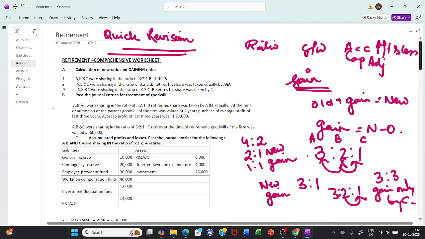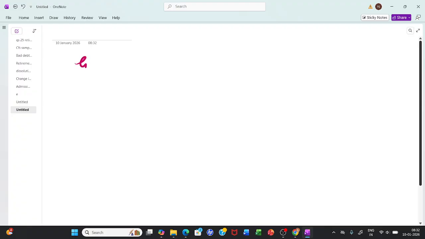Now, what is the treatment of goodwill? How do we treat goodwill in the case of retirement of a partner? The treatment for goodwill is very simple. Who is going? The retiring partner is going. Who is getting his share? The gaining partners. It could be both are gaining, or it could be only C is gaining.